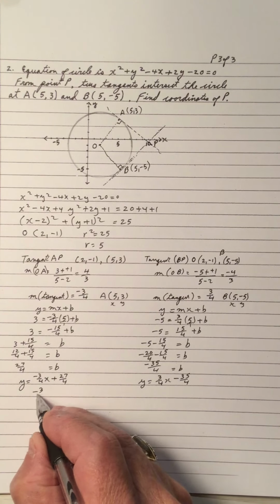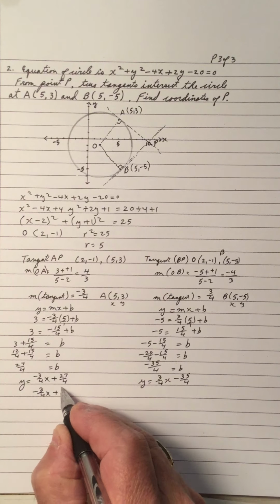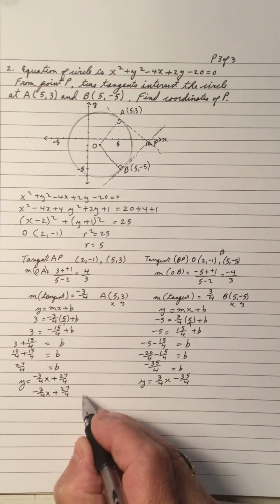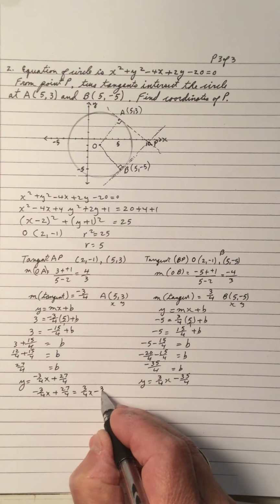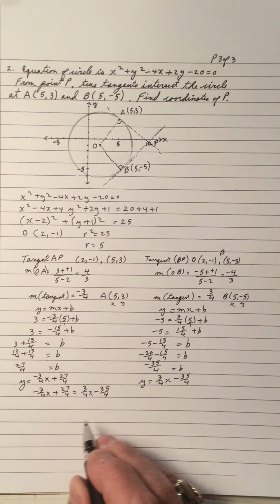So -3/4 x plus 27/4 equals 3/4 x minus 35/4.